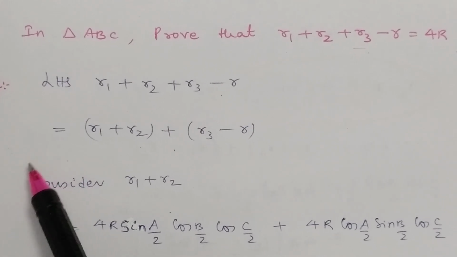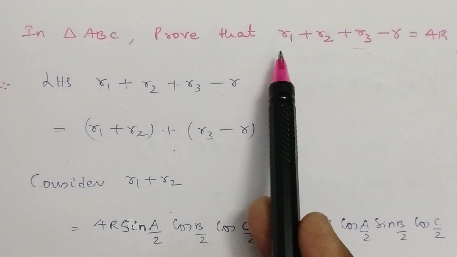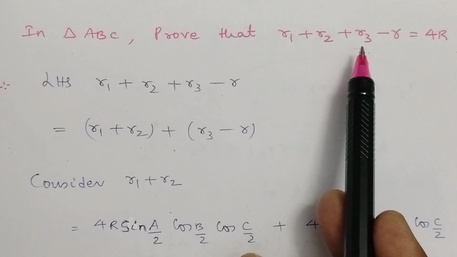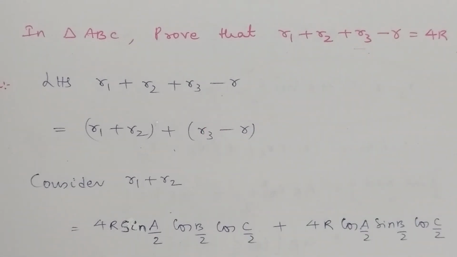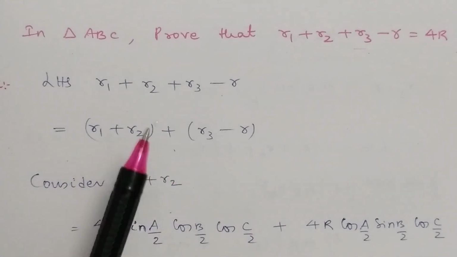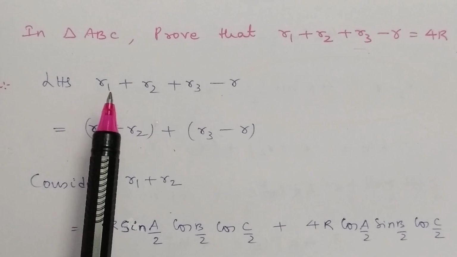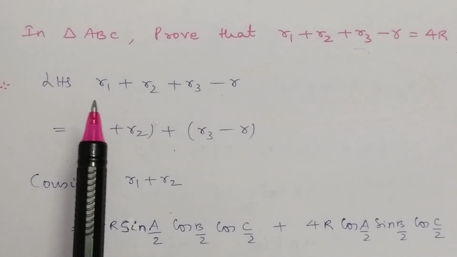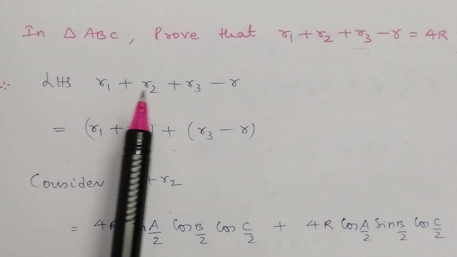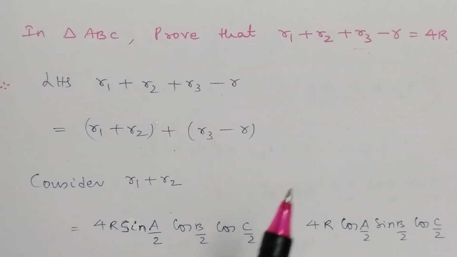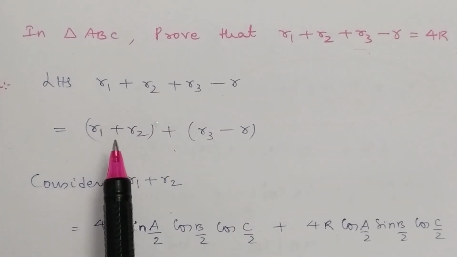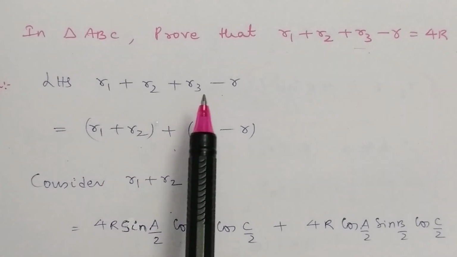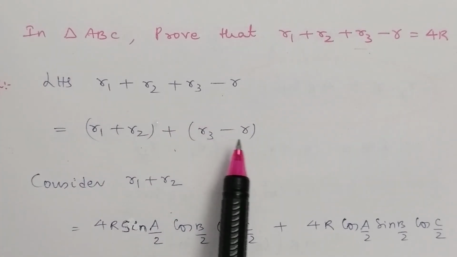So, LHS is R1 plus R2 plus R3 minus R. Here it is difficult to do all the four at a time. So, I shall do R1 plus R2 and R3 minus R separately.